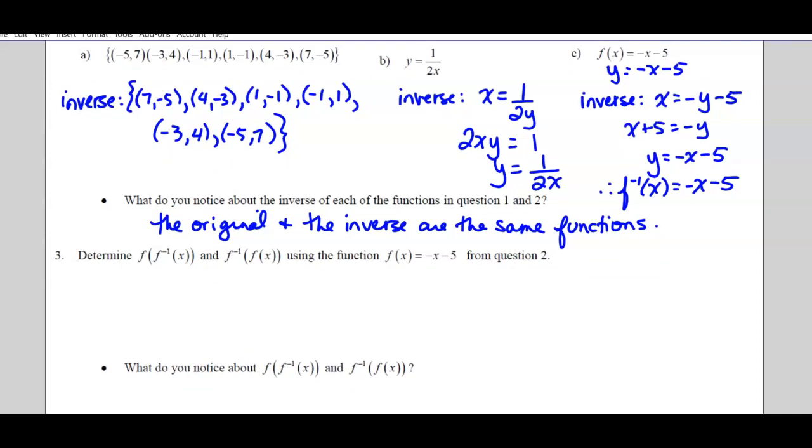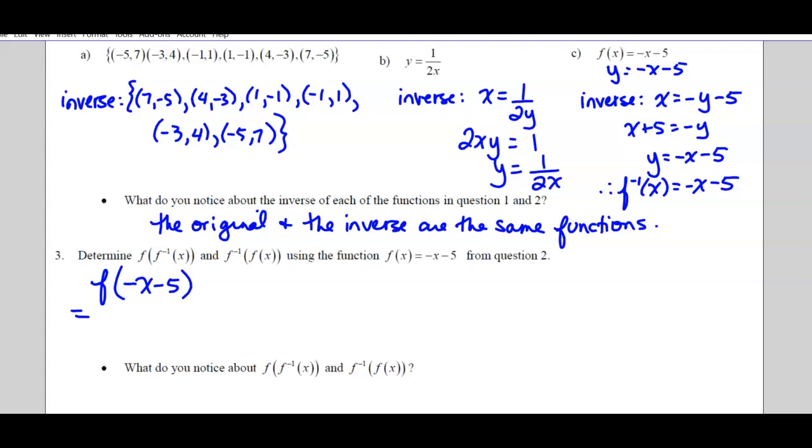So determine f of f inverse of x. That's basically part C in question 2. We're finding f inverse of x is negative x minus 5, and that's really f of x, right? They are the same, and that's our conclusion down here.